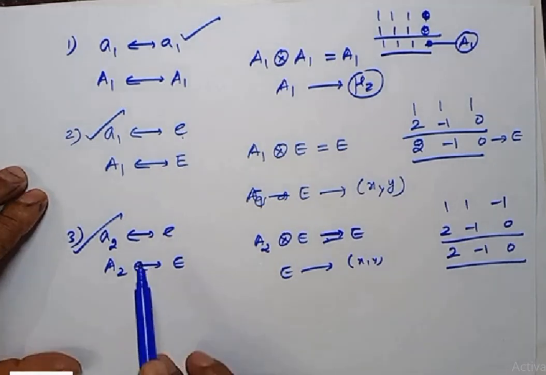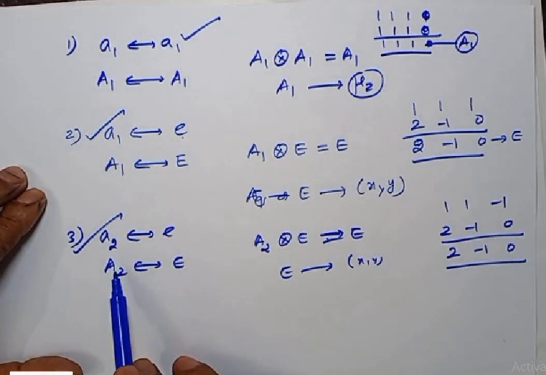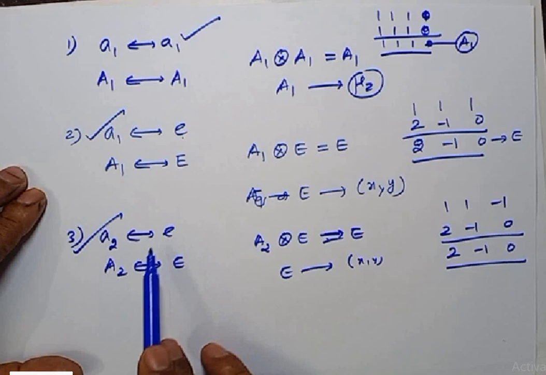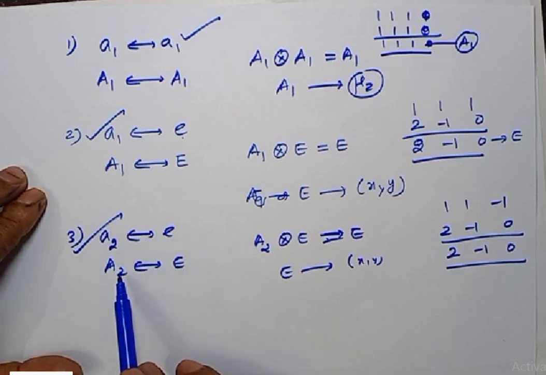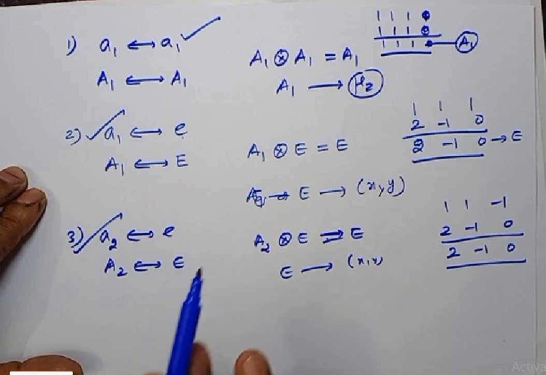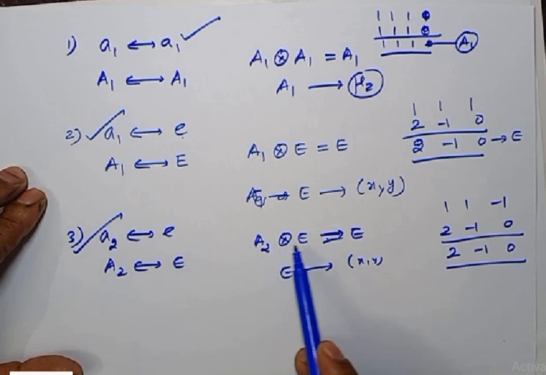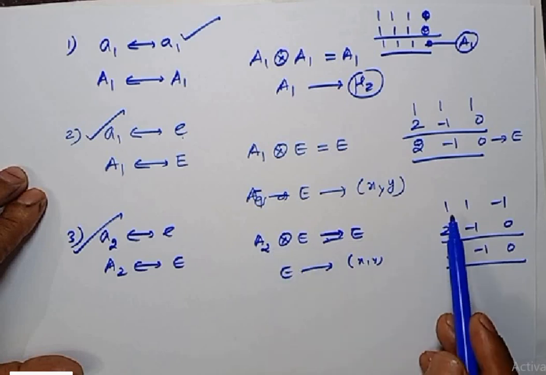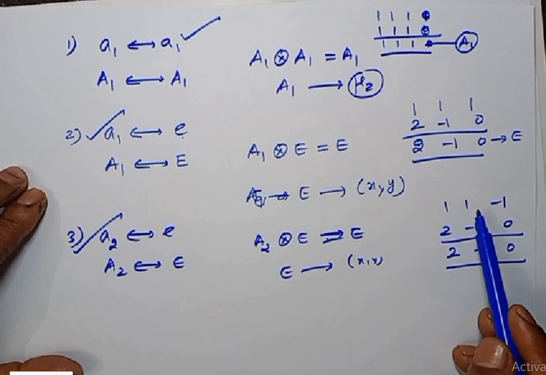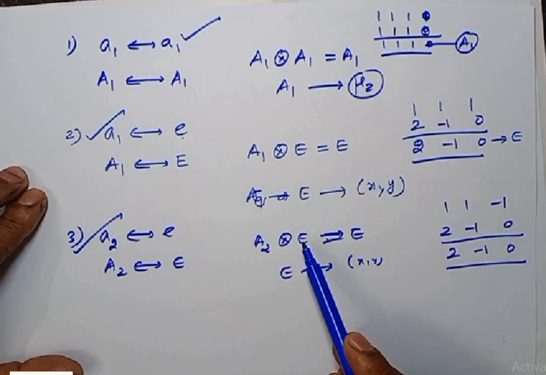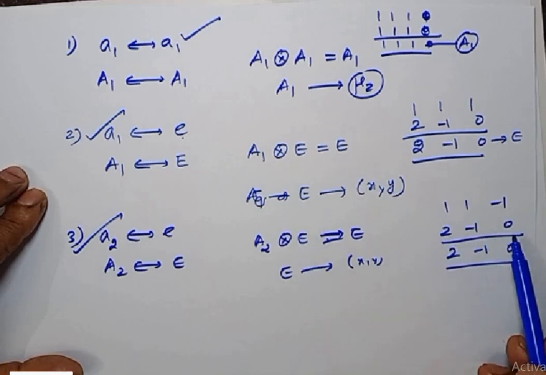Here, the third option is given as A2 to E. So, you take capital A2, capital E. Whether A2 to E is allowed or not, how to check? Take the direct product of A2 and E. Characters of A2 are 1, 1, minus 1. And characters of E are 2, minus 1, 0.